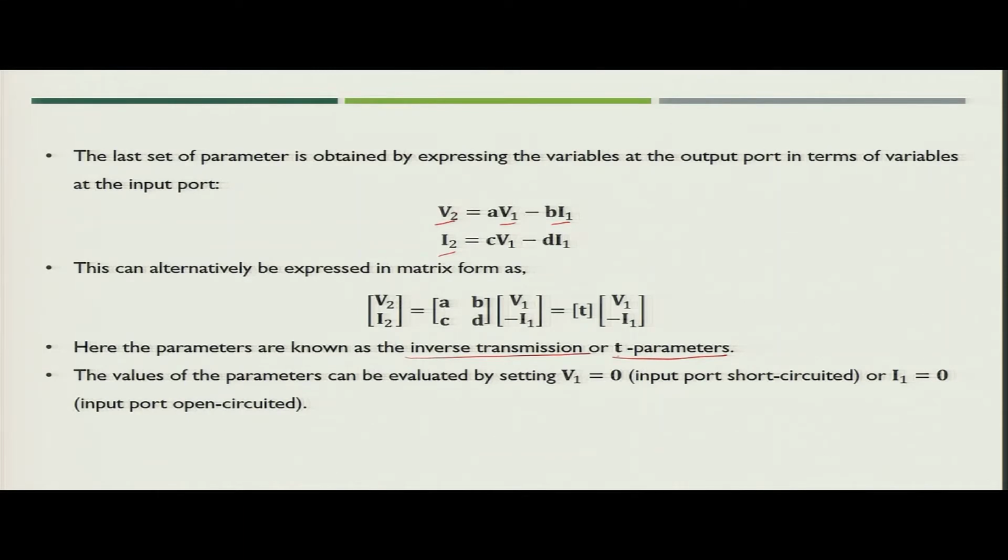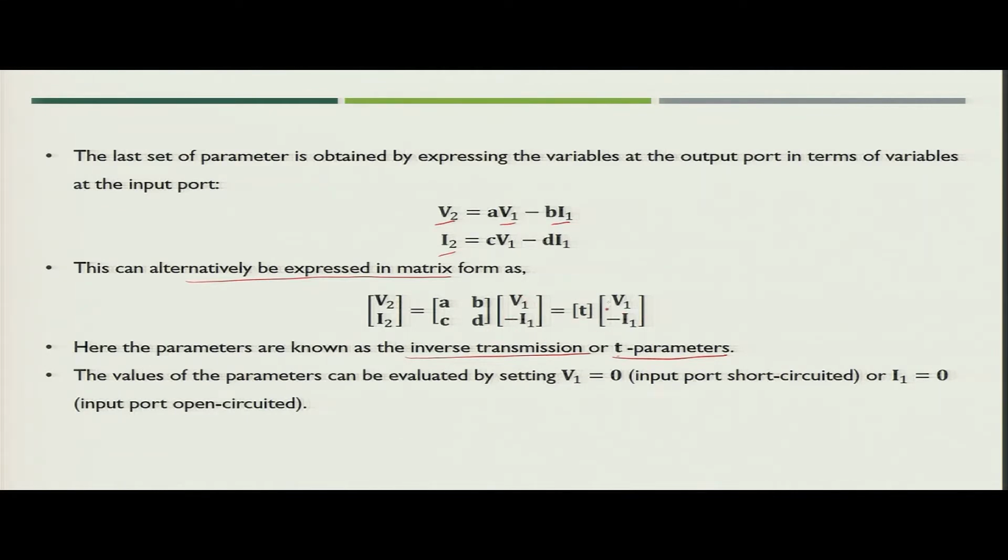So, how will we write it? V2 is equal to small a V1 minus small b I1, and I2 is represented as small c V1 minus small d I1. Alternatively, in matrix form you can write it like this: V2 and I2, the dependent variables vector, will be equal to the small abcd matrix times the independent variable vector, that is V1 and minus I1.